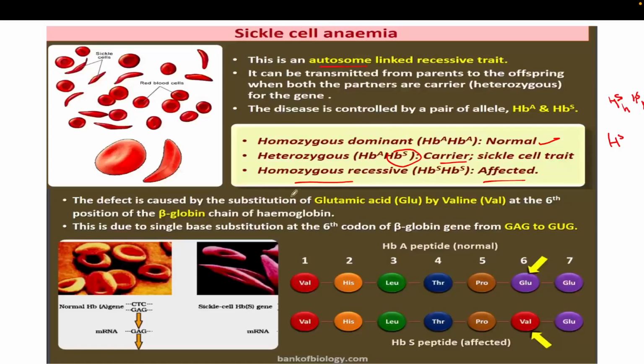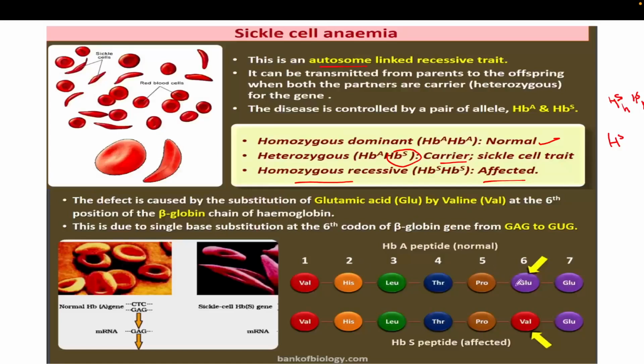What happens in the case of sickle cell anemia? The defect is caused by the substitution of glutamic acid by valine at the 6th position. This is the polypeptide chain of the beta globin chain of hemoglobin. Blood carrier protein is hemoglobin.